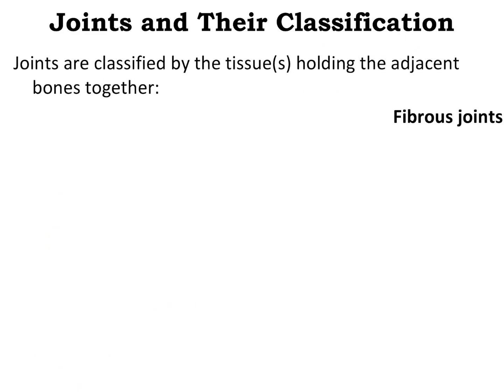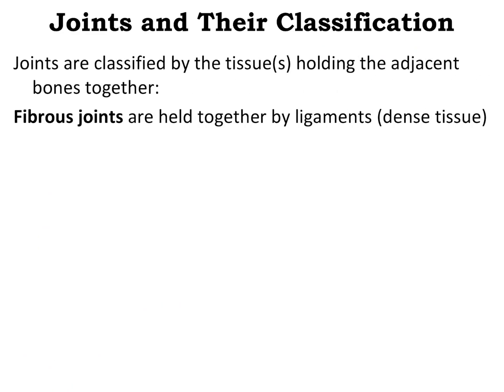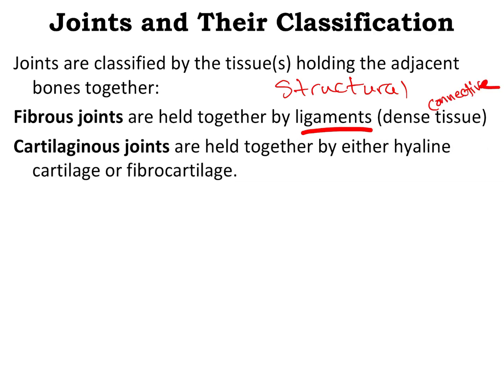So joints are also classified structurally, not by how much they move, but by what they're made up of. Fibrous joints are held together by ligaments, which are dense connective tissue. Ligaments join bone to bone, tendons join muscle to bone.